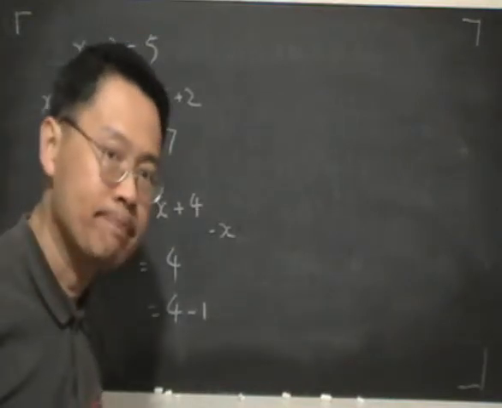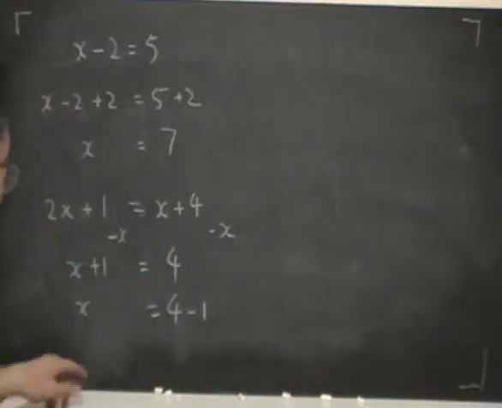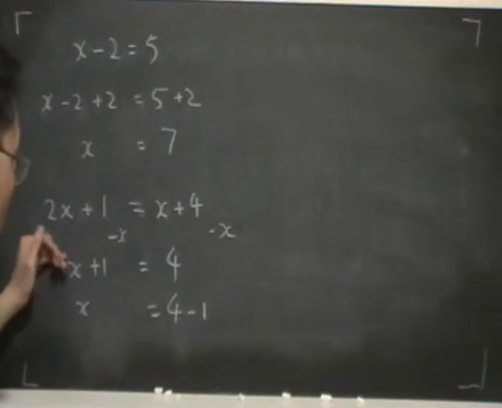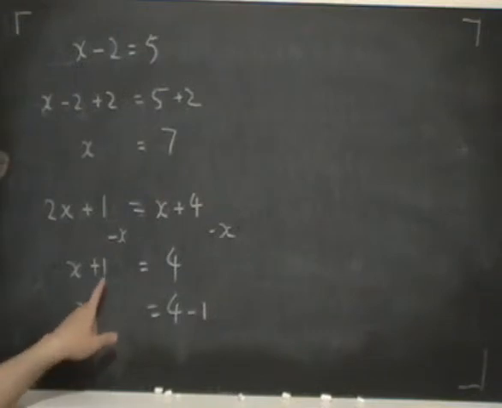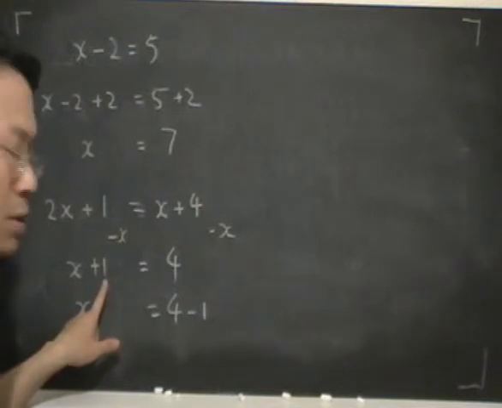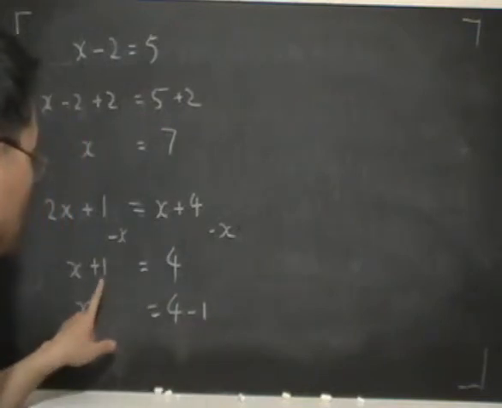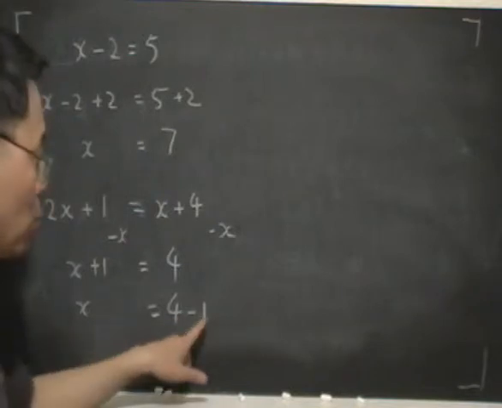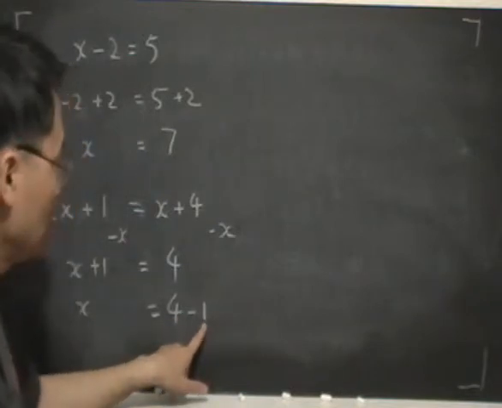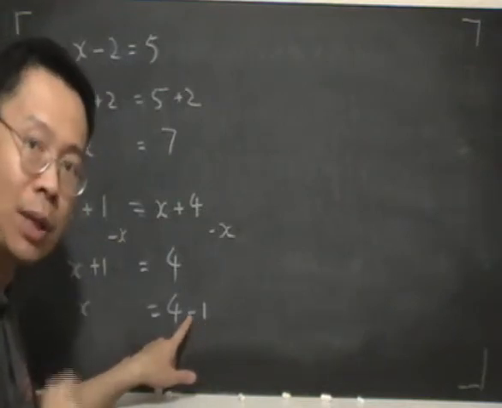Now at this point, I'm going to show you something. If you compare this equation with this equation, notice that it is as if the 1 on the left side has moved to the right side. There's a 1 on the left there, now it's gone, but a 1 appears on the right side. But the 1 on the right side has gained a minus sign.